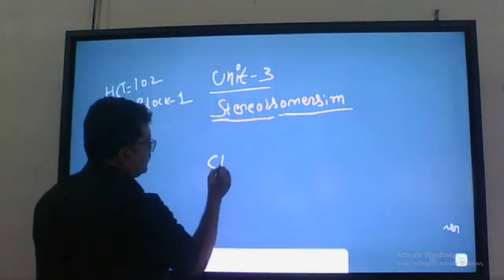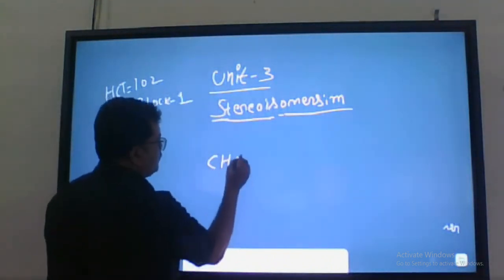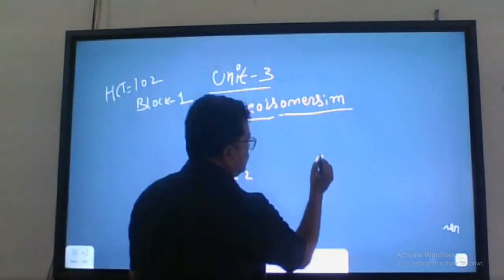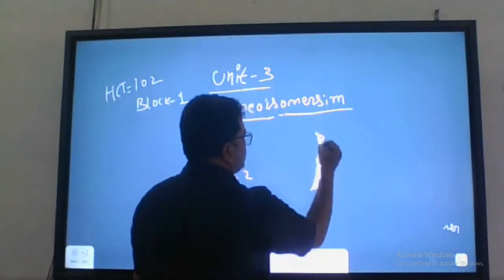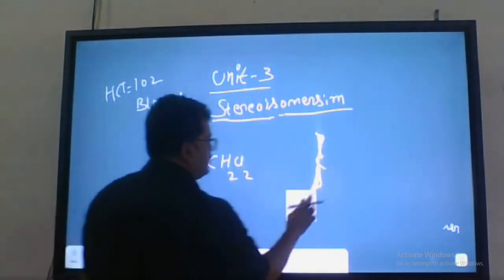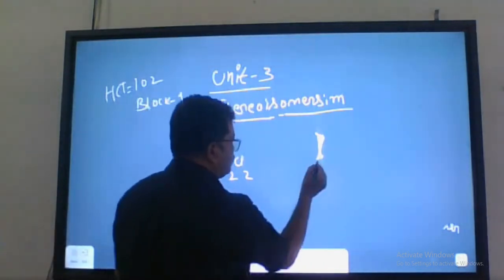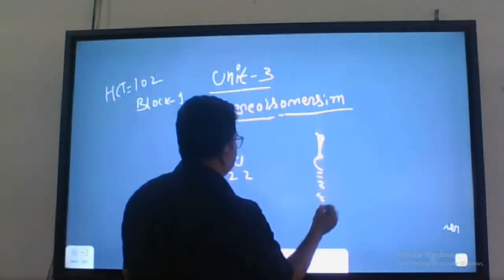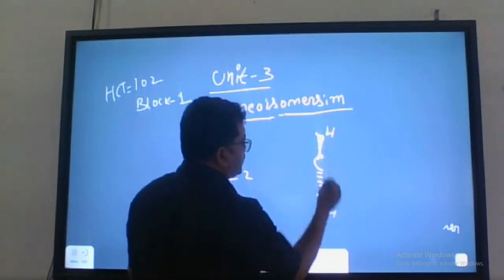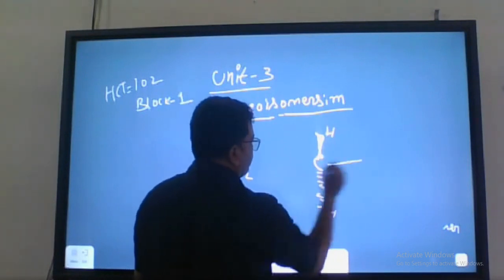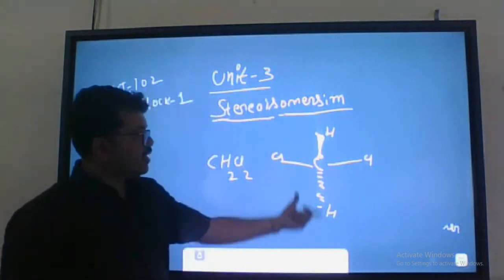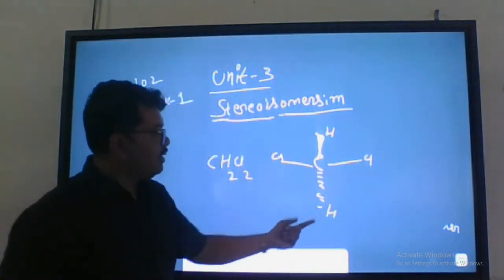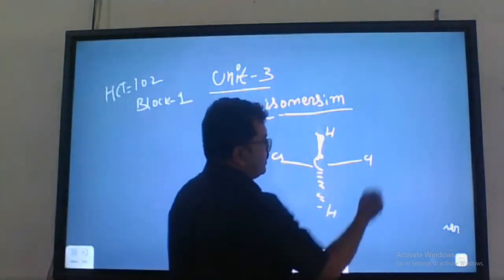Okay, you take this one, C2H2Cl2. This H and this H, and this is Cl. This is spatial arrangement. See, H is above the plane and this H is below the plane.